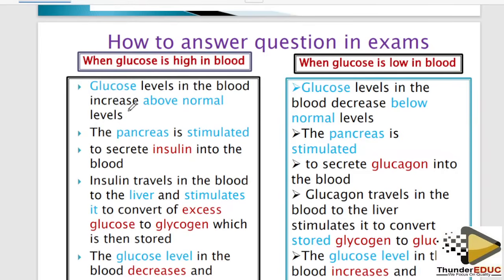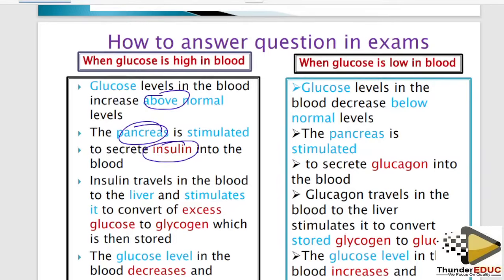Glucose level in the blood increases above the normal level. The pancreas is stimulated to secrete insulin into the blood. You see, it goes above normal. You talk about the gland. What does that gland do?